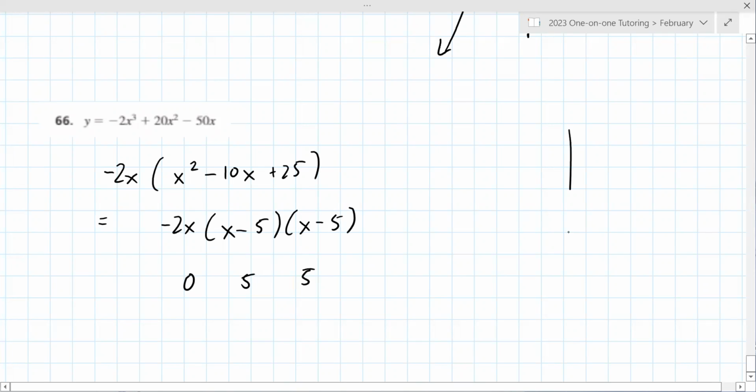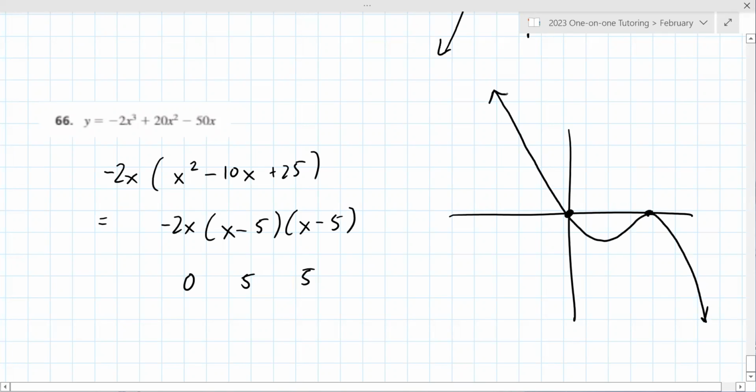Now because it touches, that's a little bit of a difference than you've seen before. It's negative, and then it bounces and goes back down. There's more to that than I'm telling you, but with the limited time we've got, we'll just have to go with it for now.